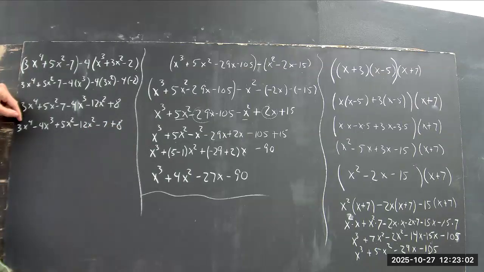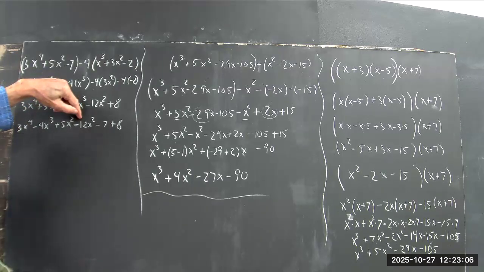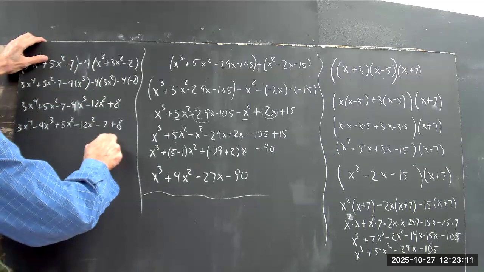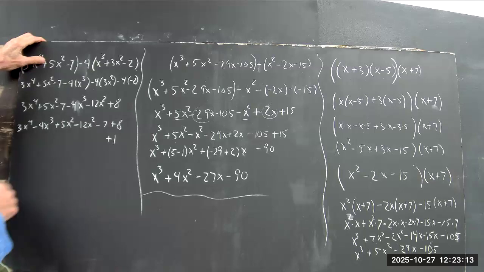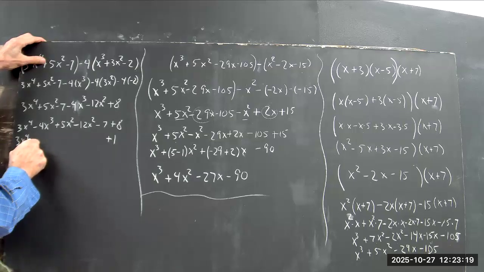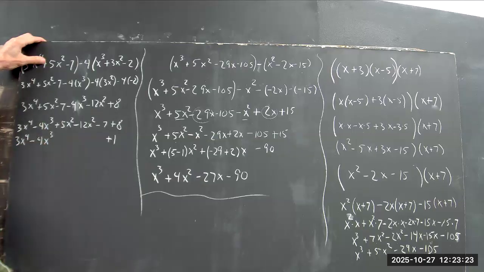So we have 3x to the fourth minus 4x cubed plus 5x squared minus 12x squared minus 7 plus 8. Well, minus 7 plus 8 is plus 1. We only have one x to the fourth term, so we don't have to write down anything else there, and only one x cubed term.